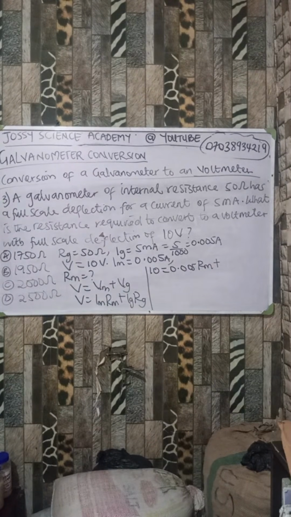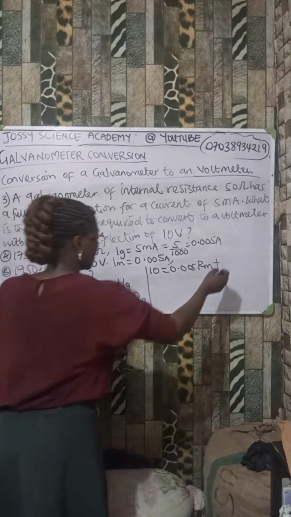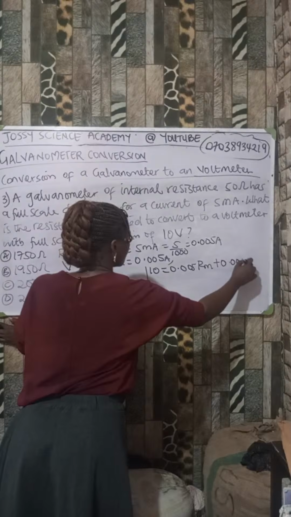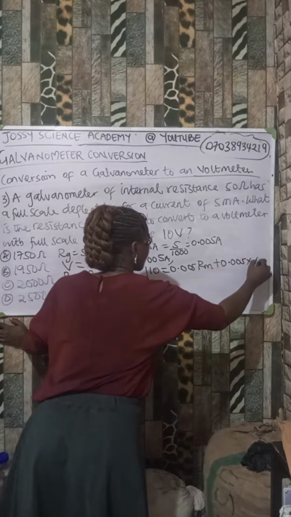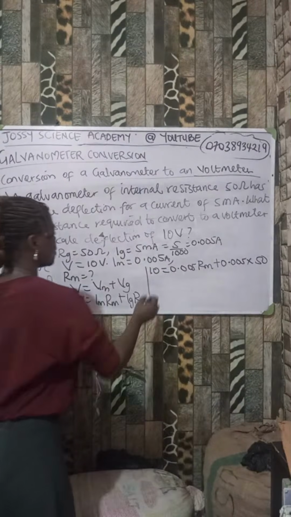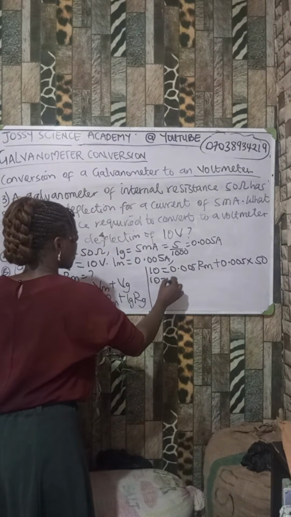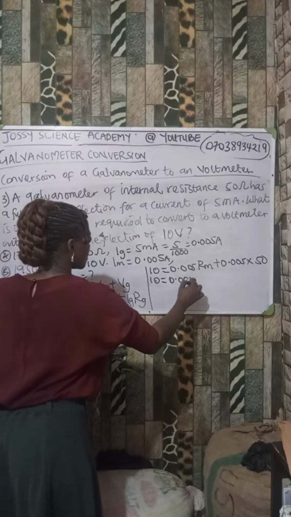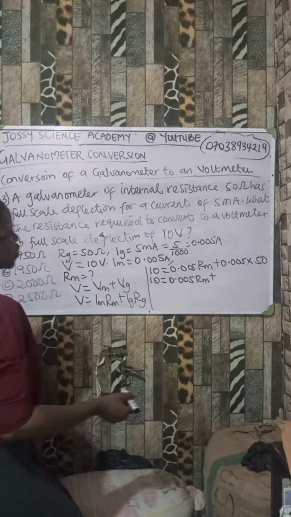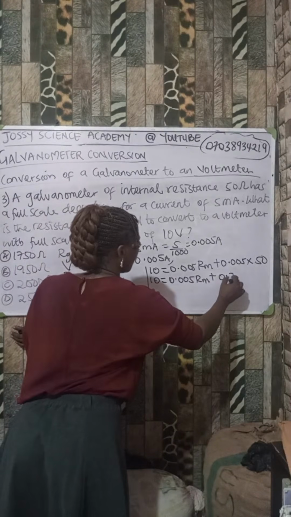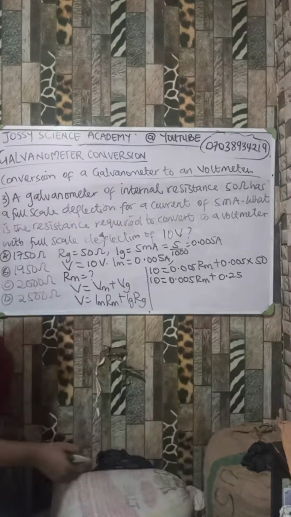Oh, I've gotten an answer already. All right, option B, that's cool. So let's proceed. Then the current here is 0.005 times the resistance, which is 50. So 10 is equal to 0.005 Rm plus, when I multiply, I'm going to have 0.25. Please, am I correct?